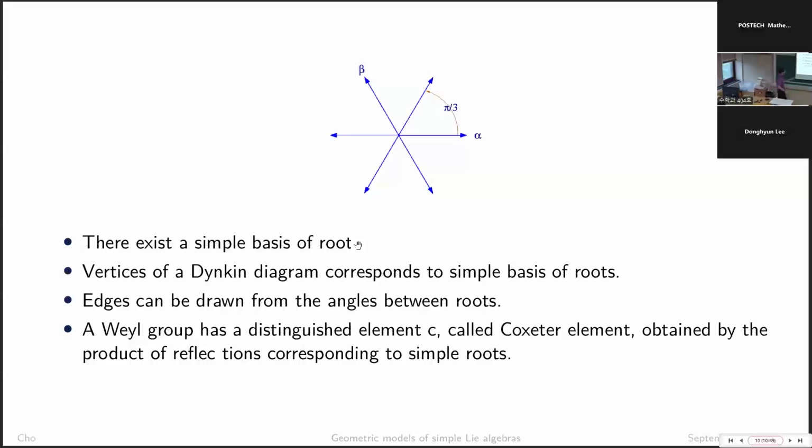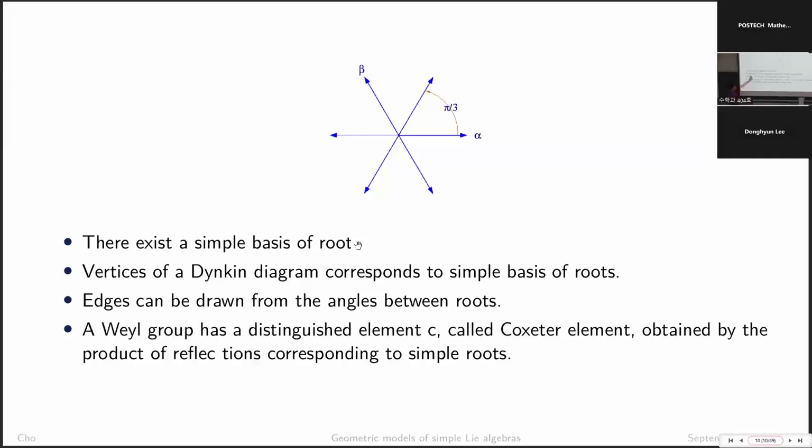And again, one more thing. There are two kinds of simple bases of roots. In this case, alpha and beta is the simple basis, in the sense that all the other roots can be given as a positive linear combination or negative linear combination of these two vectors. Vertices of the Dynkin diagram correspond to these basis vectors of the simple basis.